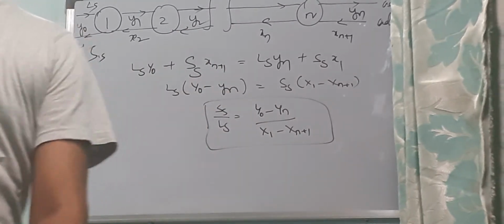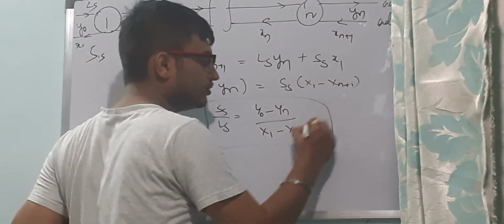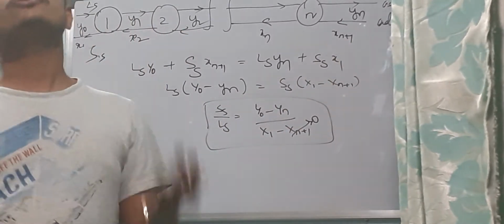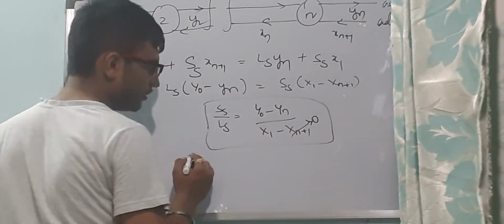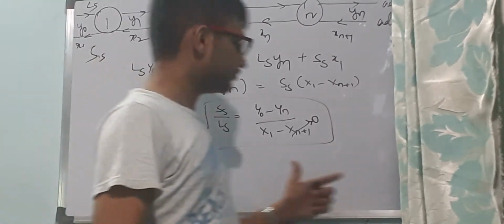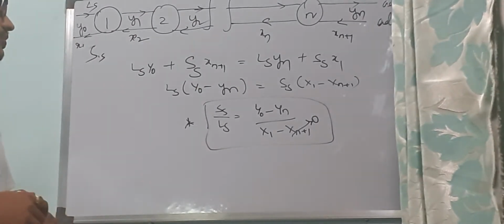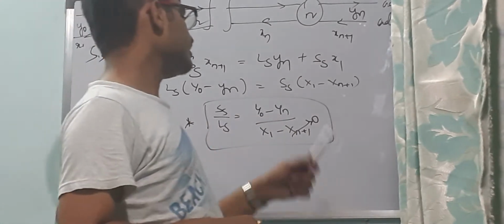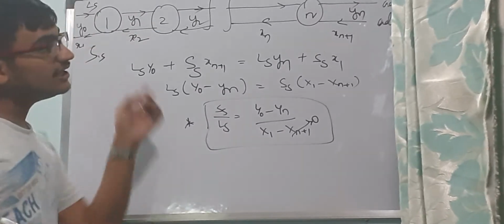This xn plus 1 generally is equal to 0 because initially the adsorbent has no solute particles settled on it. So this is how you get the operating line equation with slope Ss by Ls, y0 minus yn by x1 minus xn plus 1. For multi-stages, how do you calculate the stages?